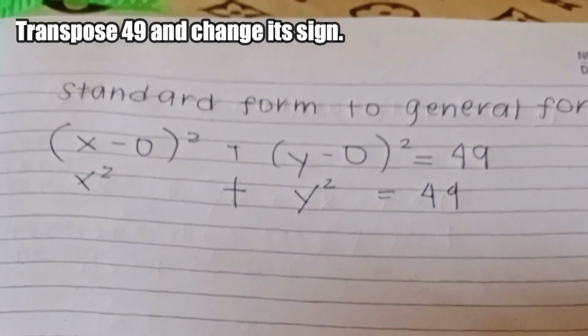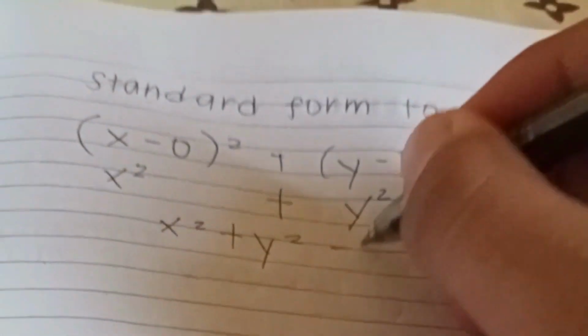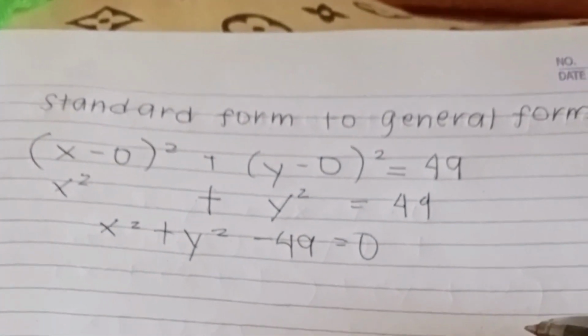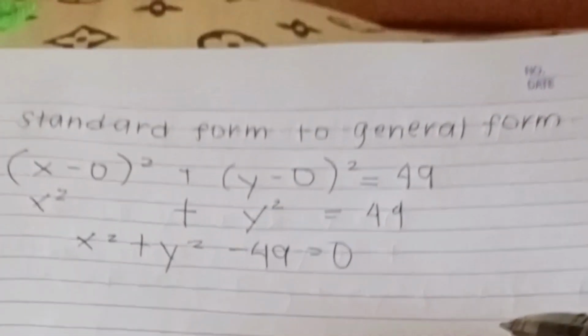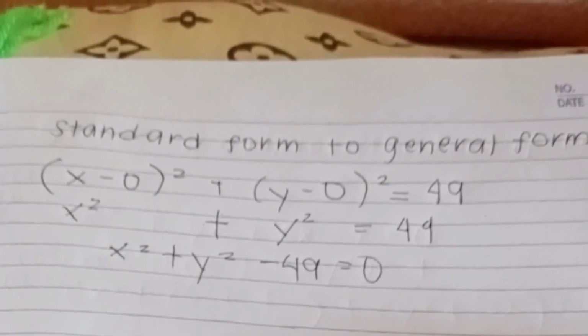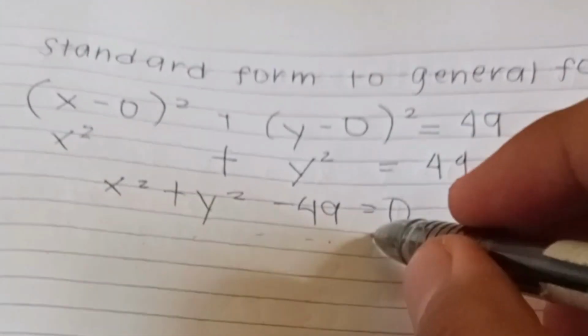We will transpose 49 into negative 49. We already get the general form of x minus 0 squared plus y minus 0 squared equals 49. The general form of that is x squared plus y squared minus 49 equals 0.